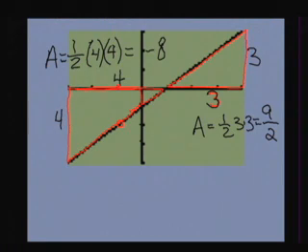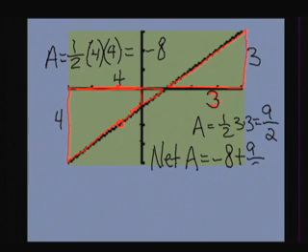So now when we want to find the net area, it's going to be -8 plus 9 halves, which works out to be -7 halves. How did that help us with the integral itself?